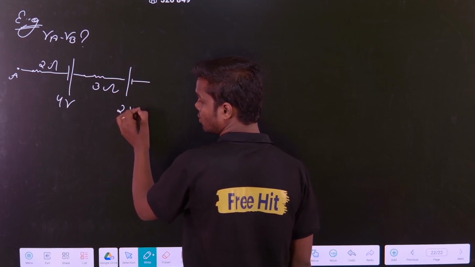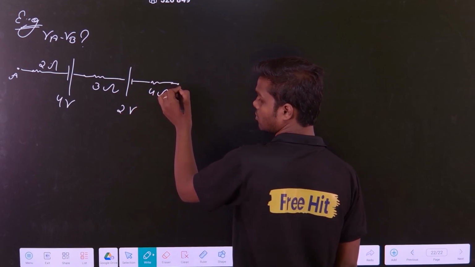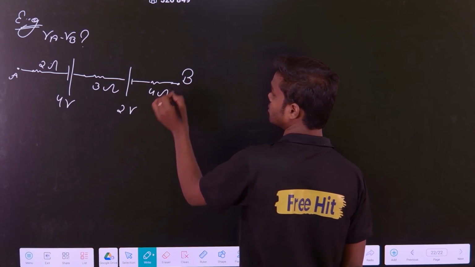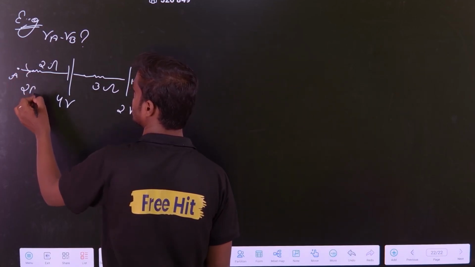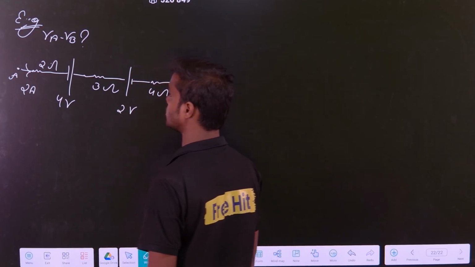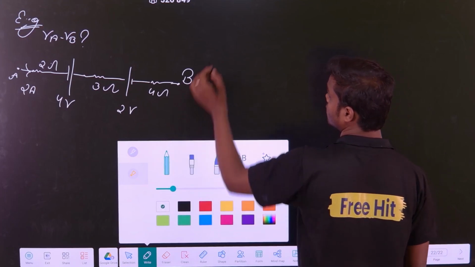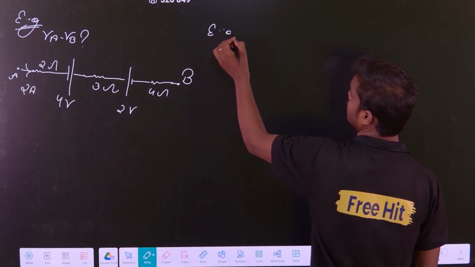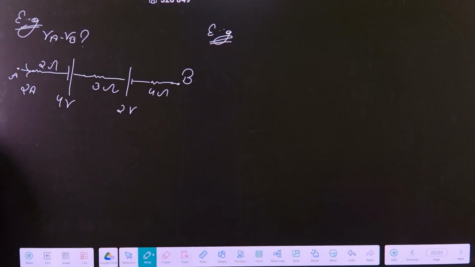Plus minus 2 volt. 4 ohm. Point is B. Correct? And the current in this branch is 2 ampere. Question is VA minus VB. Okay. Note it down and solve it. Till then I will write another example. Note it down and solve it and tell me what is the answer for this.